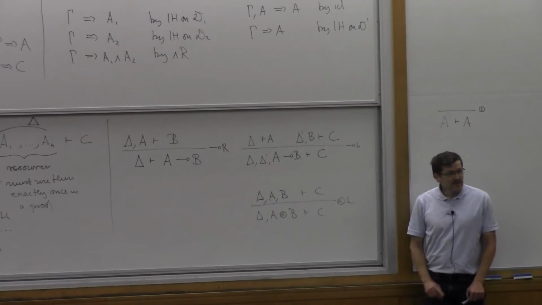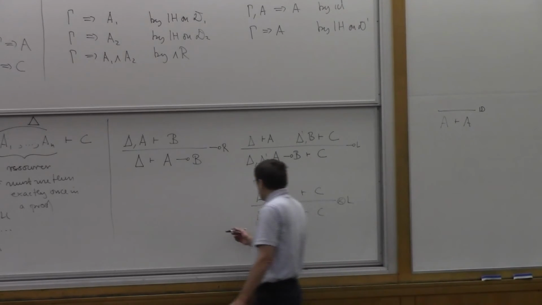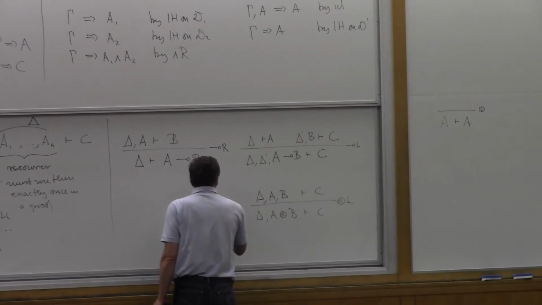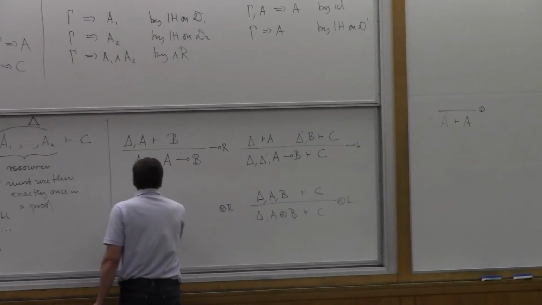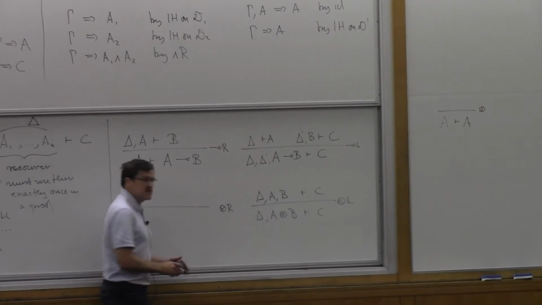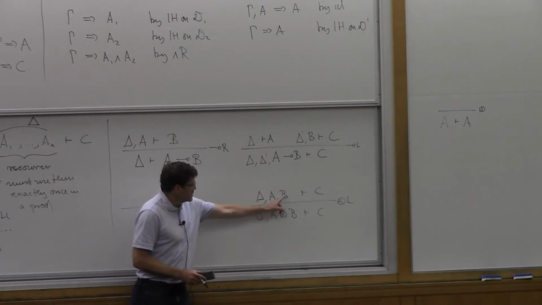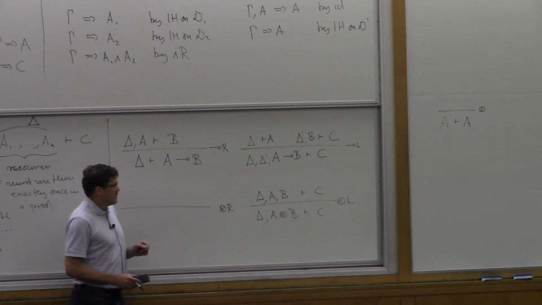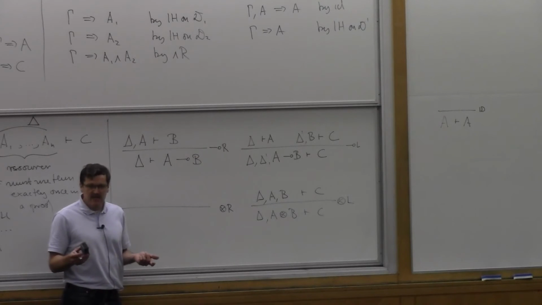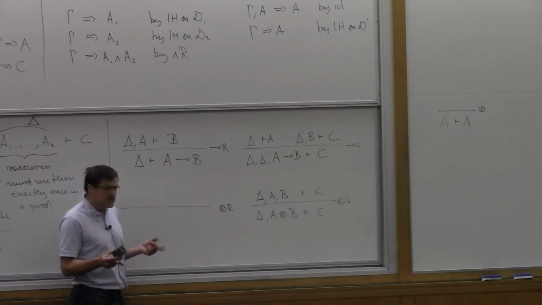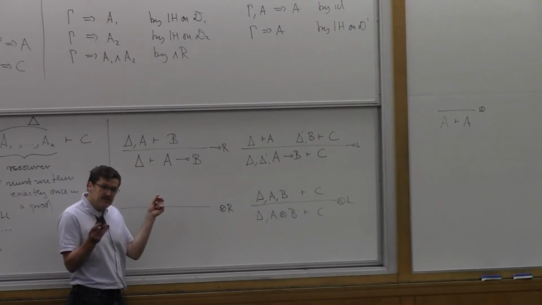So what's the corresponding right rule? The tensor right rule. You can see it corresponds to some form of conjunction, because I split that up into the two pieces. By the way, unlike the other conjunction in intuitionistic logic, you don't get just one part of it, but you get both of them at the same time.